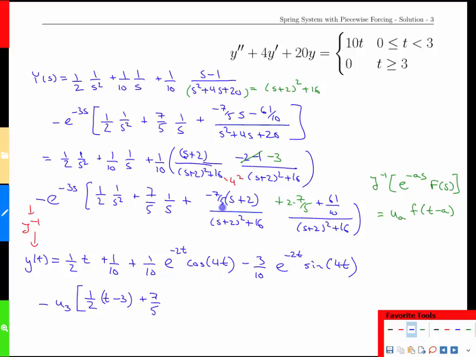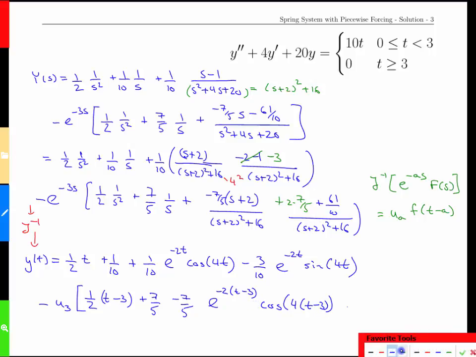Then we've got these complicated ones here, but they're not too bad because we've done the similar versions earlier. We know the transform of this function here is the exponential times cos, so we're going to get minus 7/5 times e to the negative 2 times (t minus 3), because we have this step function involved, times cos of 4 times (t minus 3). And last but not least, we have this term, which requires one last little bit of work.